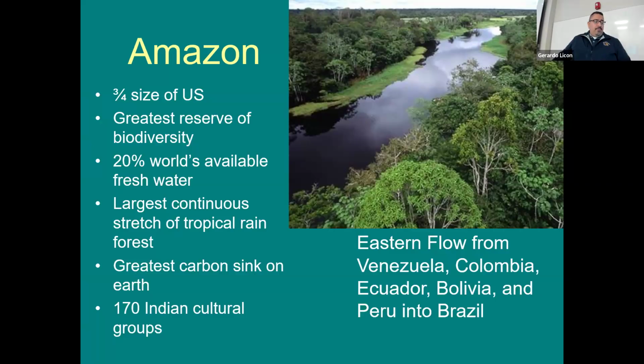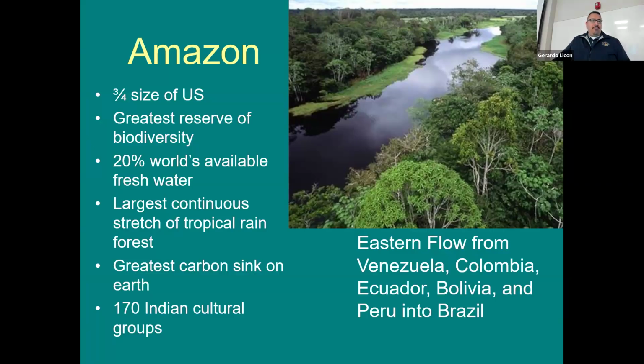So when we go more in depth into different countries and some of their policies, this idea of the greatest carbon sink becomes interesting. Countries that have the rainforest, an important carbon sink for the planet, are kind of stuck between a rock and a hard place. On the one hand, they want to become more developed and industrialized, but on the other hand, they don't want to destroy the rainforest and get rid of that carbon sink that's important to the whole planet.